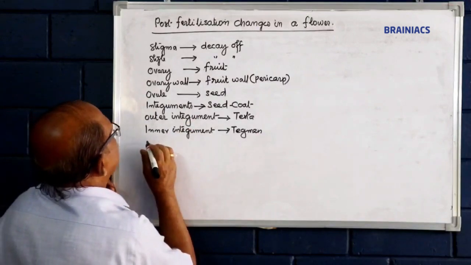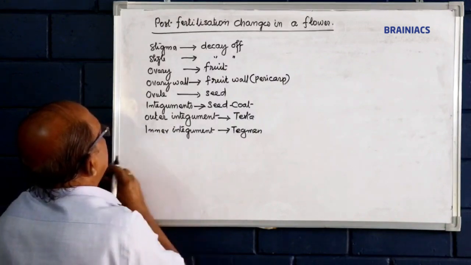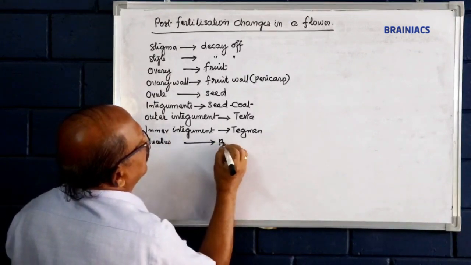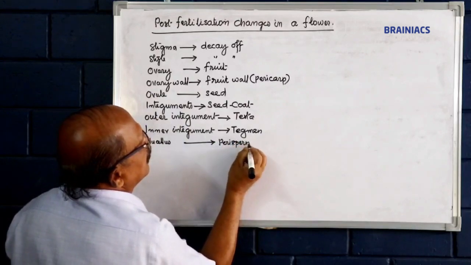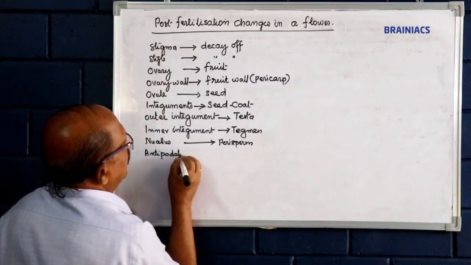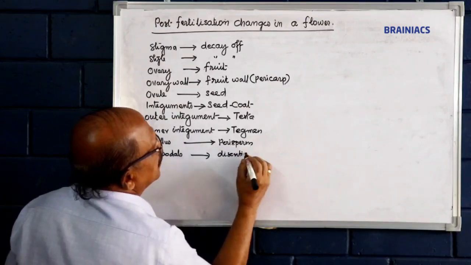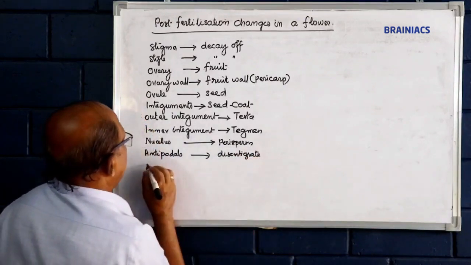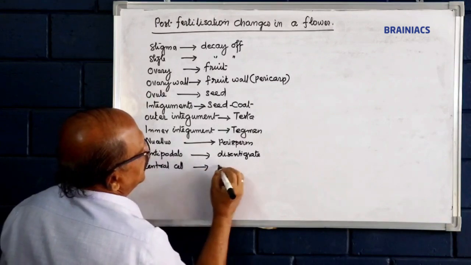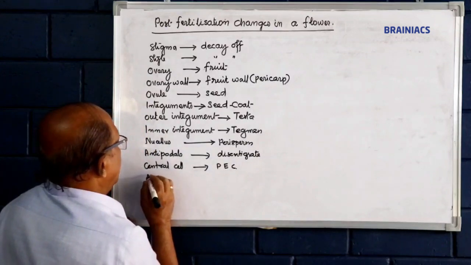Then nucellus becomes perisperm. Antipodals disintegrate. Central cell becomes PEC, primary endosperm cell.